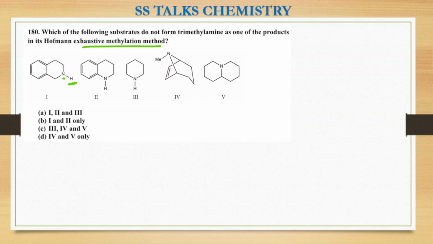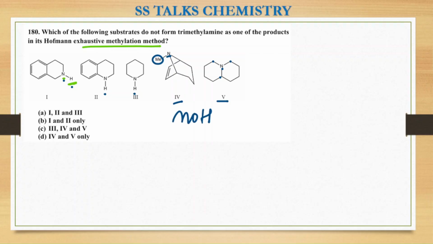So in the given molecules, you can see that in the first molecule, the nitrogen atom has a hydrogen atom attached to it. Second also it has, third also it has. But in the fourth and fifth molecules, if we observe, the nitrogen atom is attached with alkyl species only. Here also this one is attached with alkyl species. No hydrogen atom is attached to the nitrogen atom.